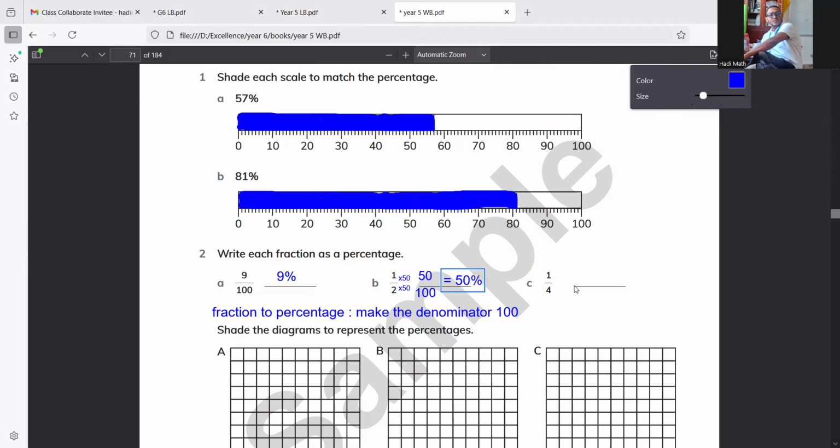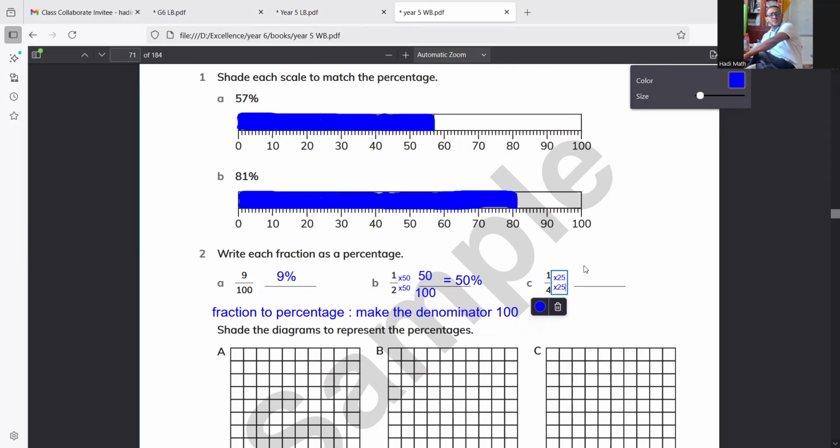You have 1 over 4. To make 1 over 4 a percentage, you need to make the denominator 100. This denominator, you need to multiply it by what? By 25 up and down. So you multiply up by 25 and you multiply also down by 25.